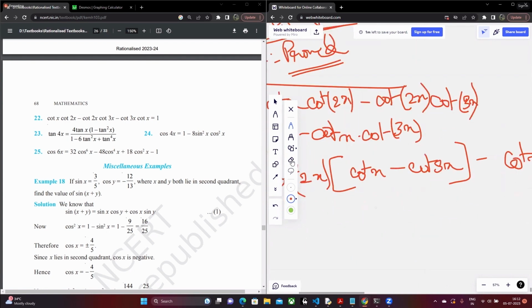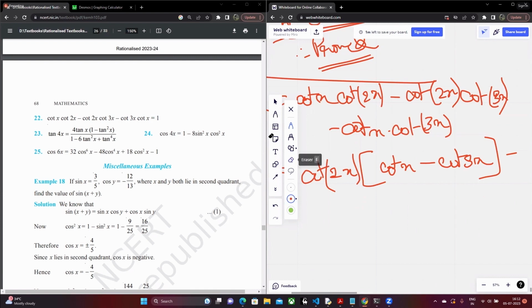Instead of this, what we'll do is, instead of 2x, I'll take 3x common, right? Because if I take 3x common, then I can split this as 2x plus x, and I can, hopefully, cancel out the numerator and denominator.